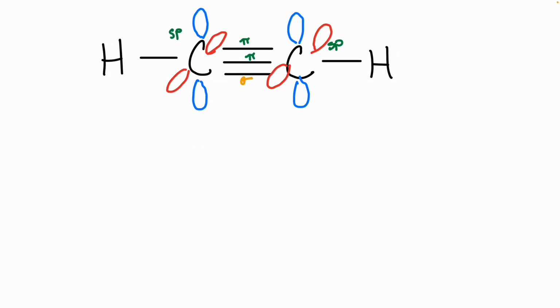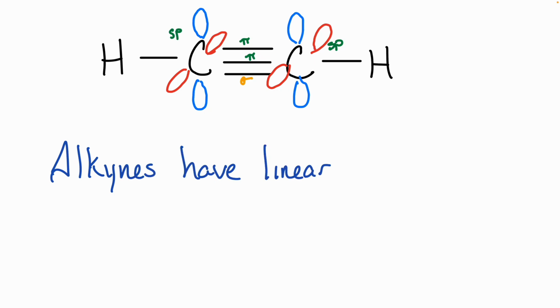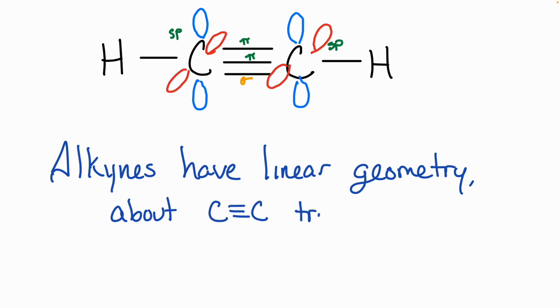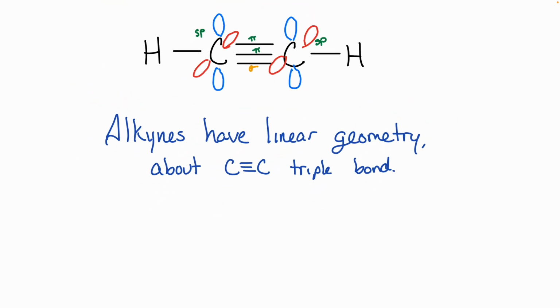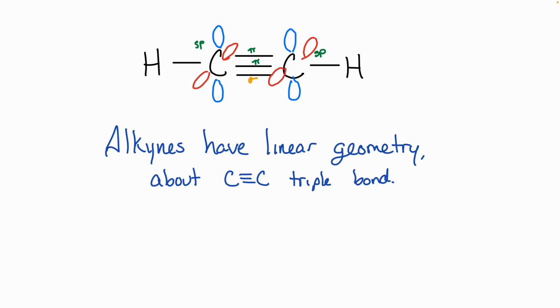Okay, you can say alkynes have a linear geometry. All right, specifically about that carbon-carbon triple bond. So all 4 of these atoms are situated all in a straight line in our alkyne.